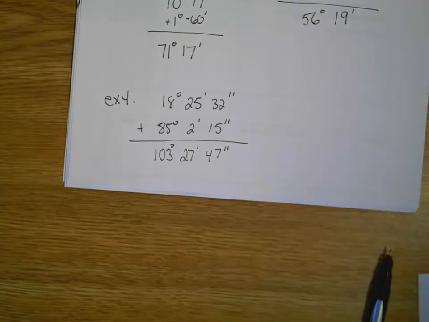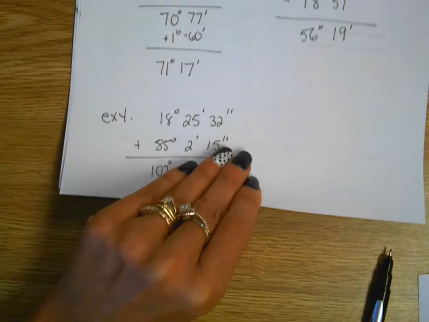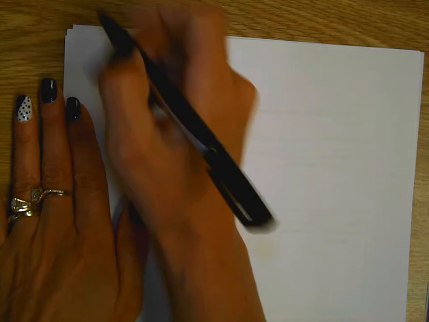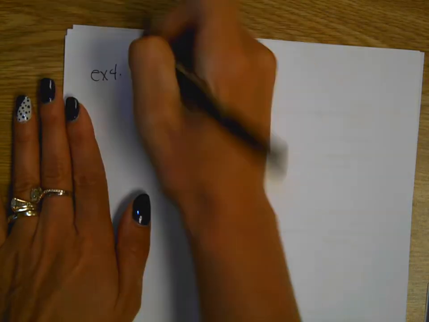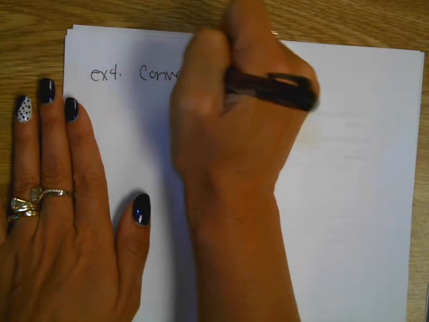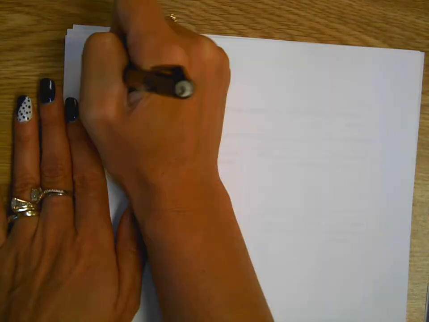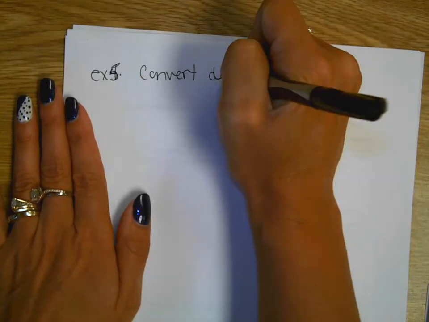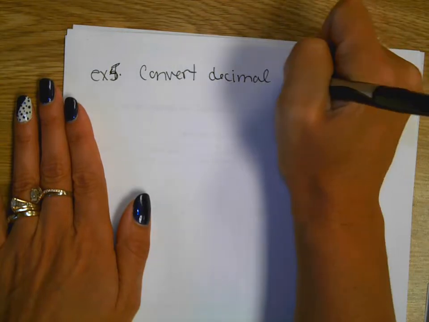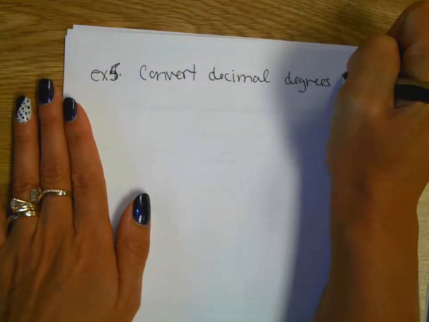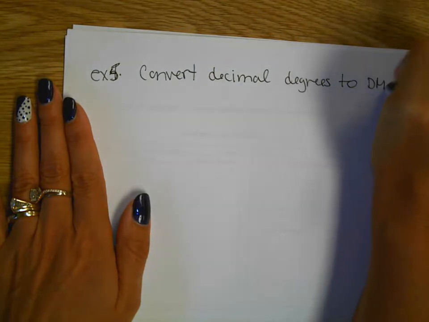What else can we do? Okay. Next thing I want you to be able to do, by hand and with the calculator, is to convert decimal degrees to degrees, minutes, and seconds.